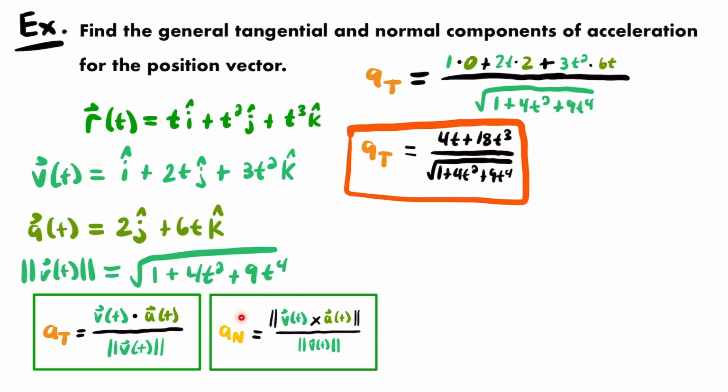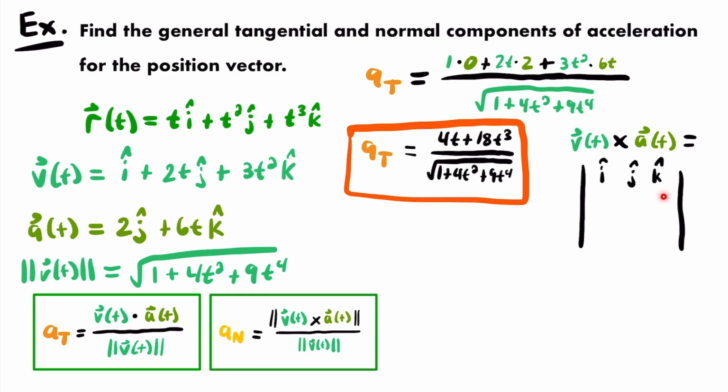Now let's find the normal component of acceleration. To find that, we need to take the cross product of the velocity and acceleration vectors, and then take the magnitude of that vector. All right, so we're going to have vector v cross vector a, velocity cross acceleration, and that will be equal to the following calculation. You want to set up your 3x3 matrix, and so we'll have i, j, and k.